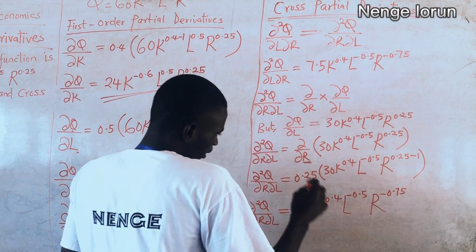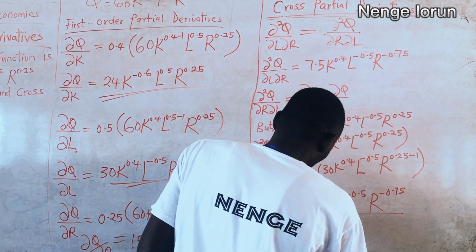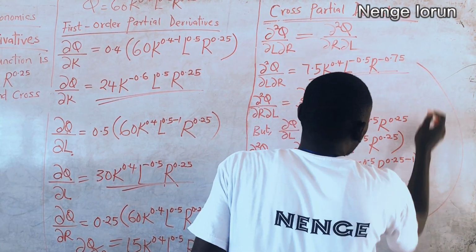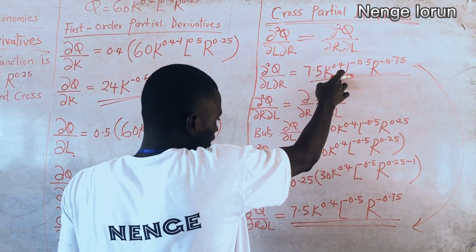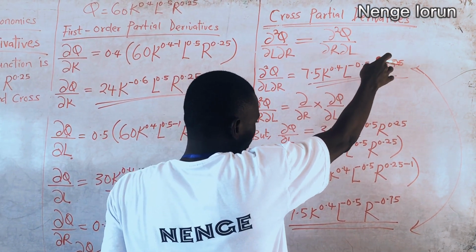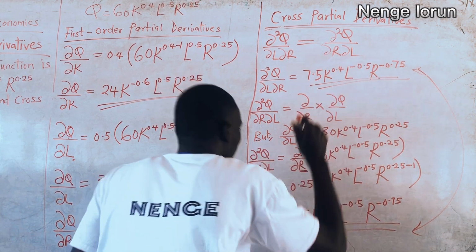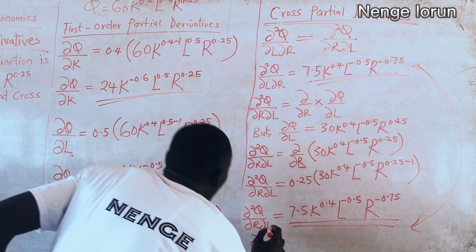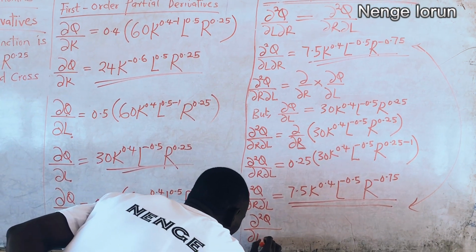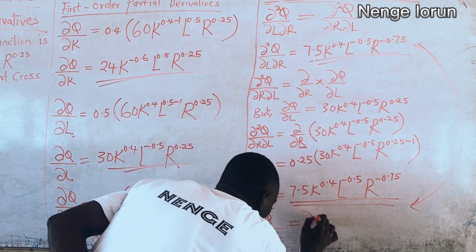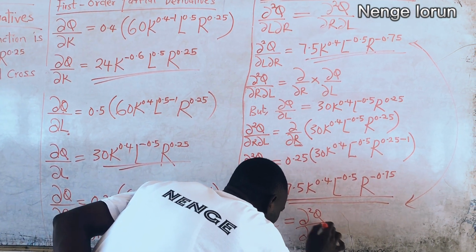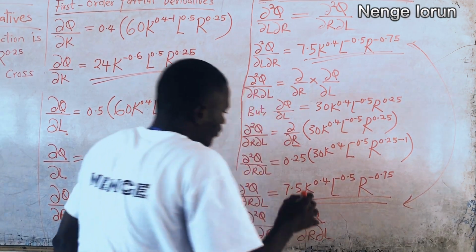So you agree with me that this is equal to this. What you have here, 7.5k L raised to the power of 0.5 r raised to the power of negative 0.75. So it is confirmed that the cross-partial derivative of q with respect to L with respect to r is equal to the cross-partial derivative of q with respect to r with respect to L.